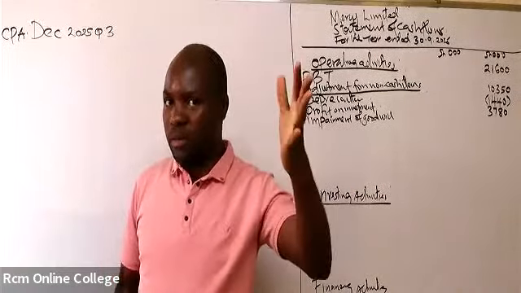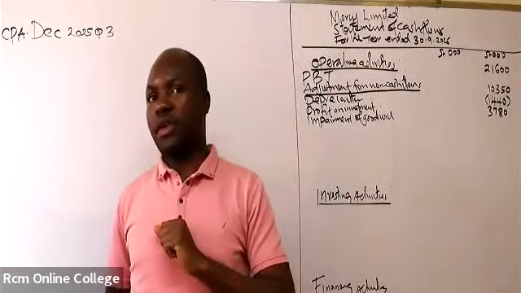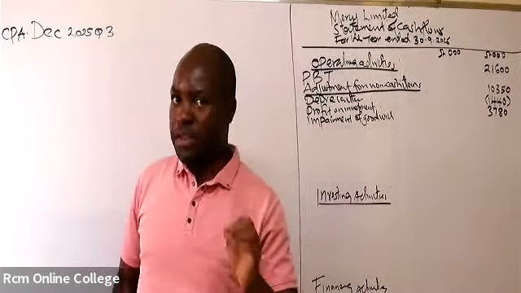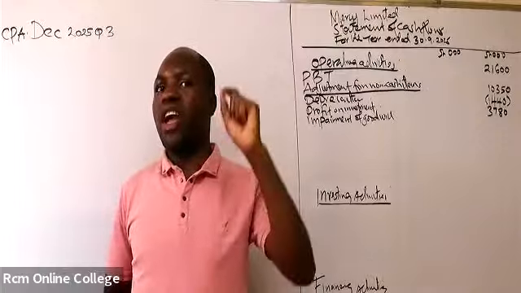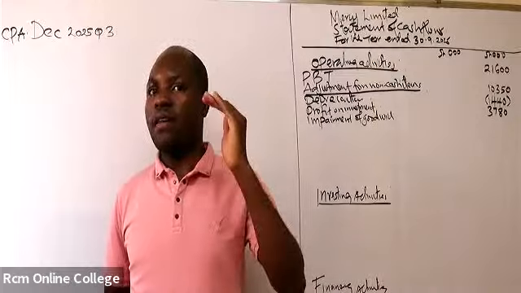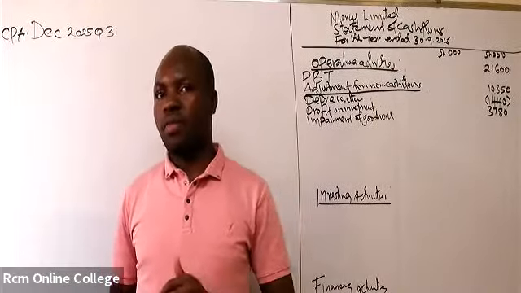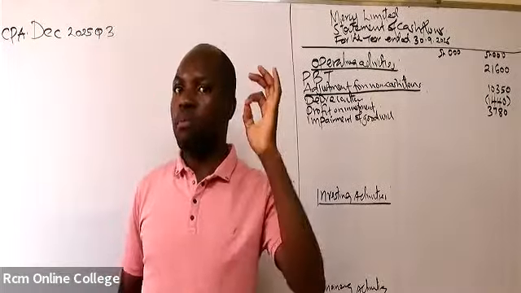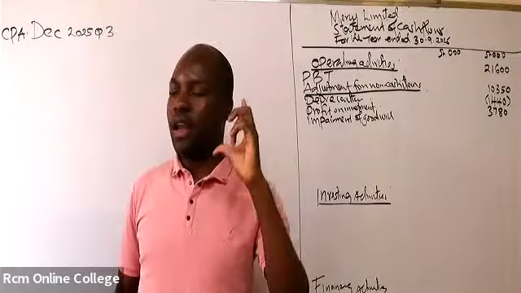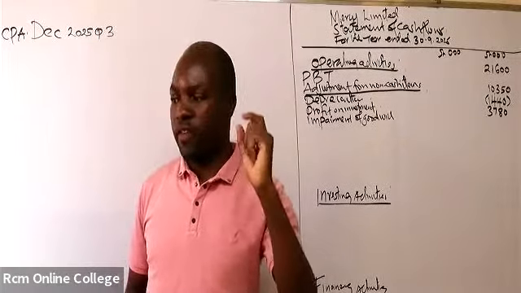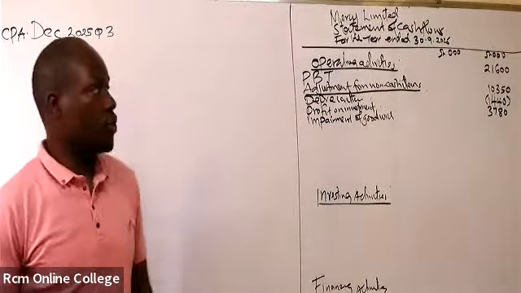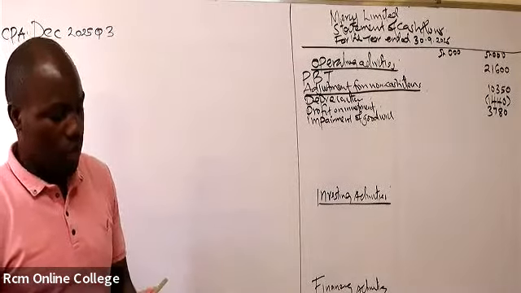So where we have the cash at the bank, cash on hand, short-term investments, notes receivable, bank overdrafts, short-term notes payable, all that will be recorded under cash and cash equivalents. And therefore, we are not going to adjust it at this particular point. Those are the obvious things we are able to see.